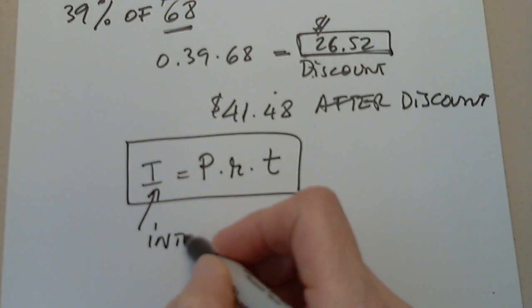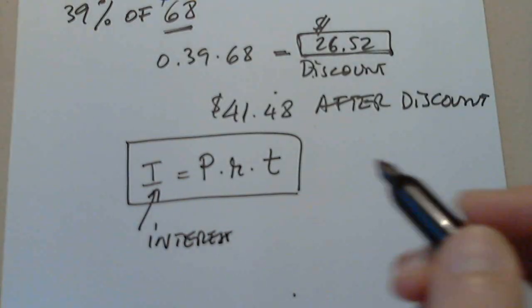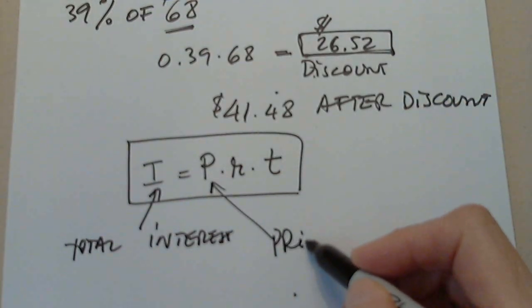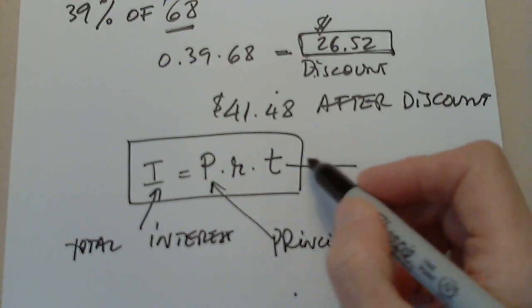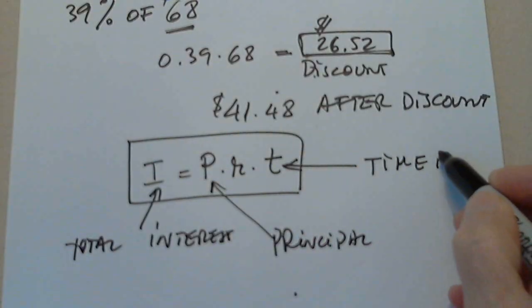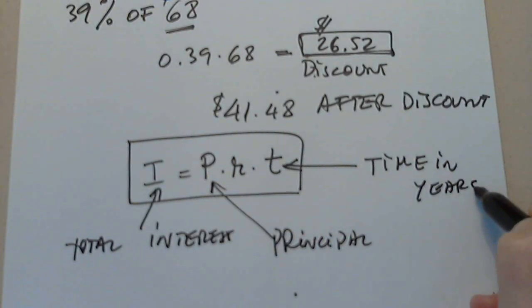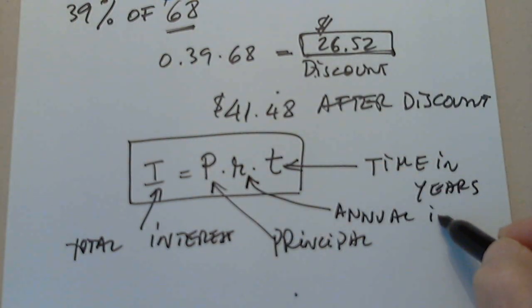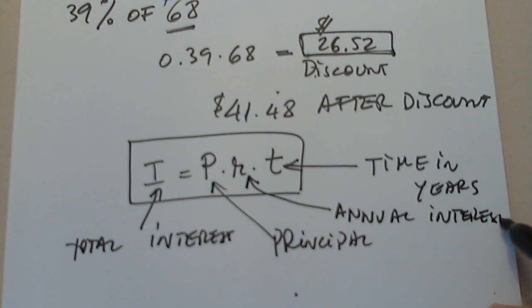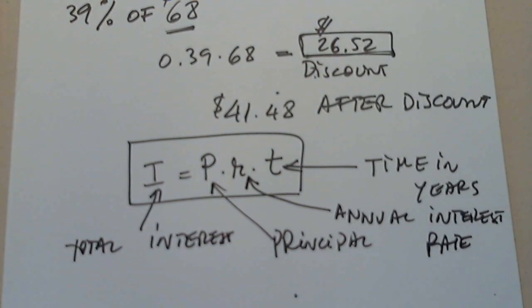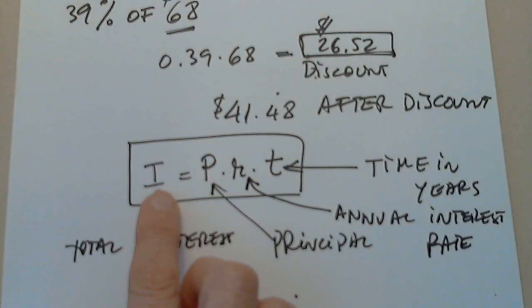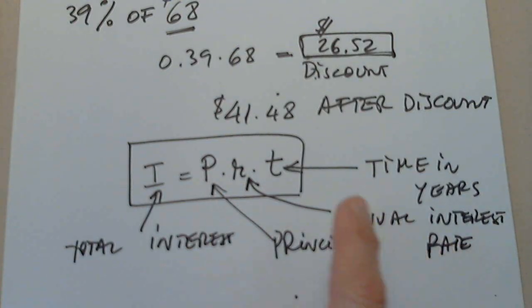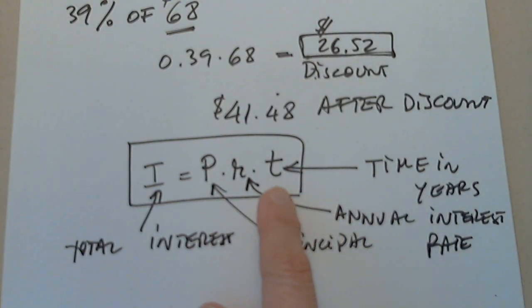Interest, total, principal, time in years, and this is the annual interest rate. So the total interest on the principal that we deposit at a certain annual interest rate and a certain number of years.